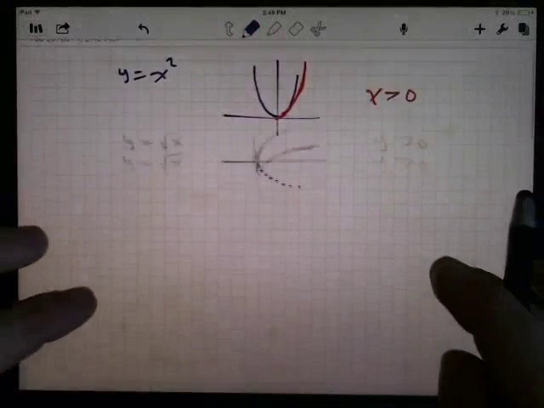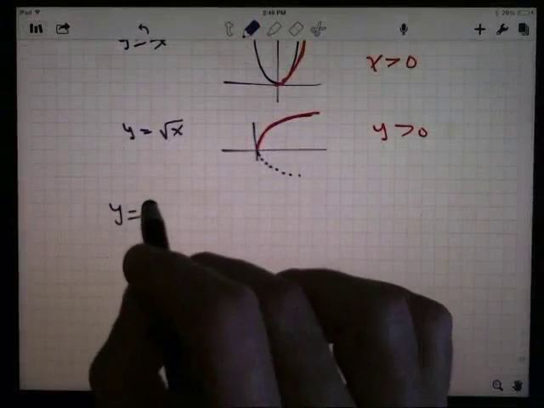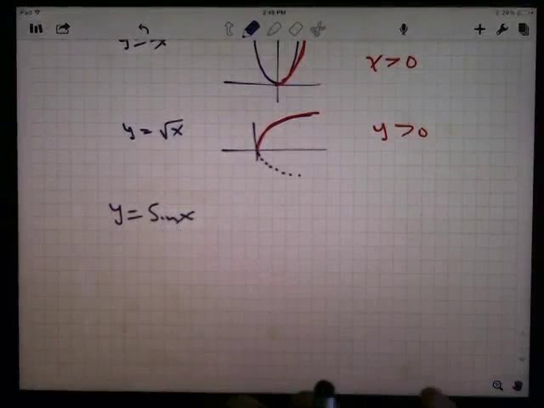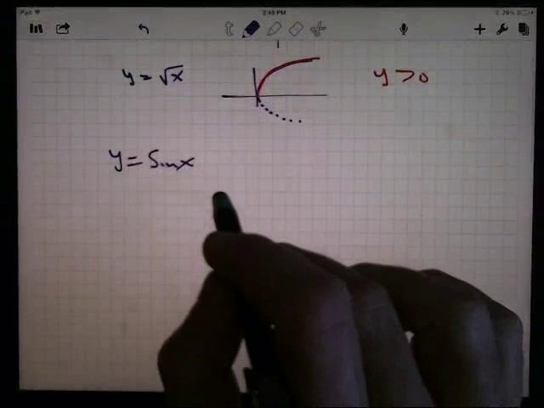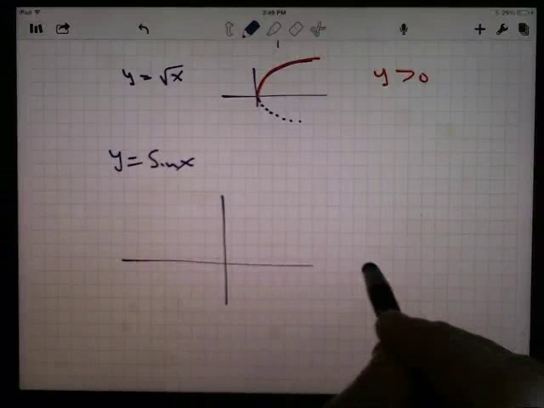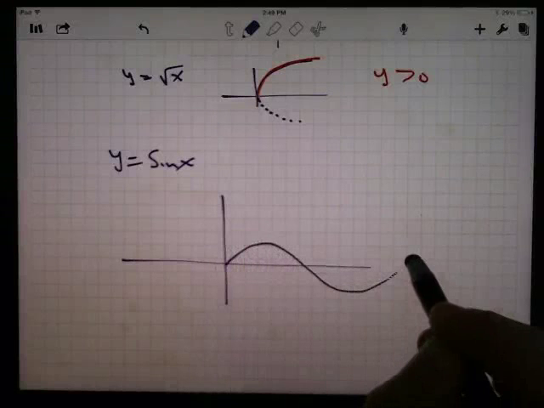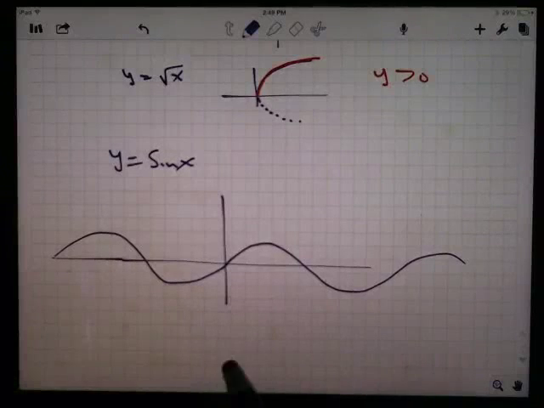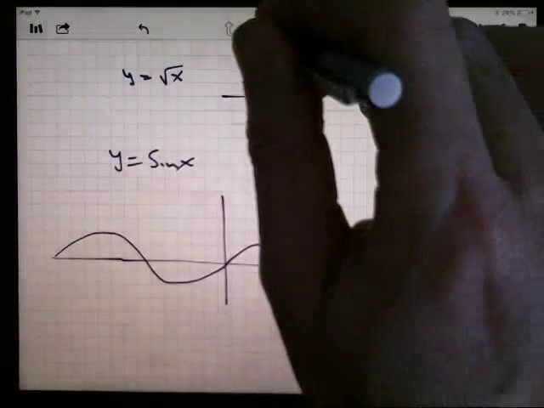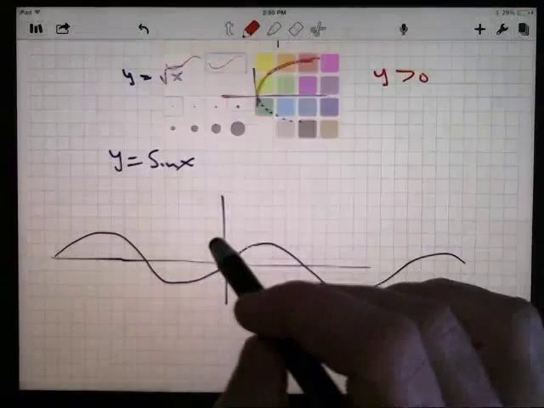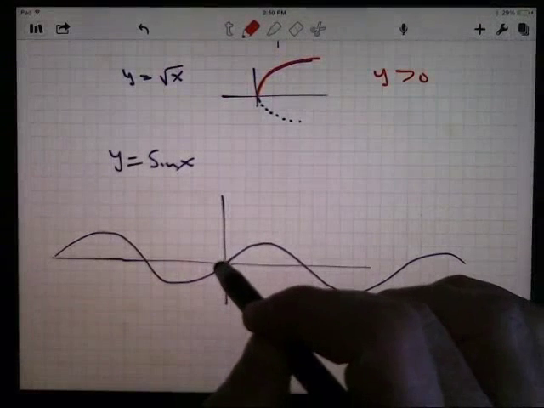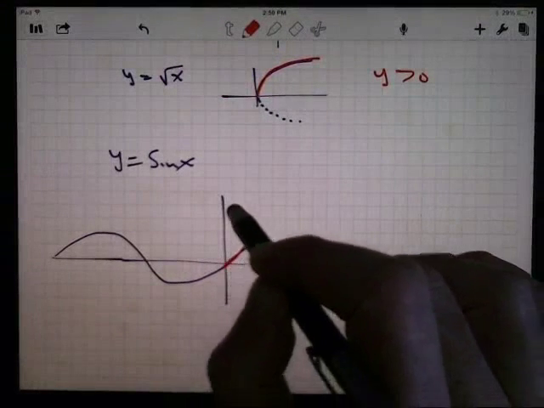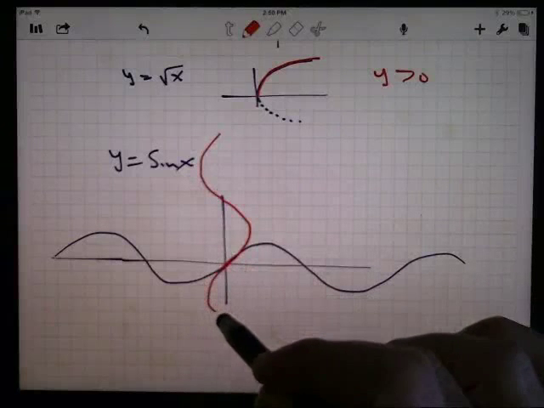So here we go. Let's start with y equals sine x. As you know very well, it looks like this. If I were to try to invert that, the graph would be a sine curve going up the y-axis. So let's see if we can draw that in red here. It would be the sine curve going this way, up and down the y-axis.